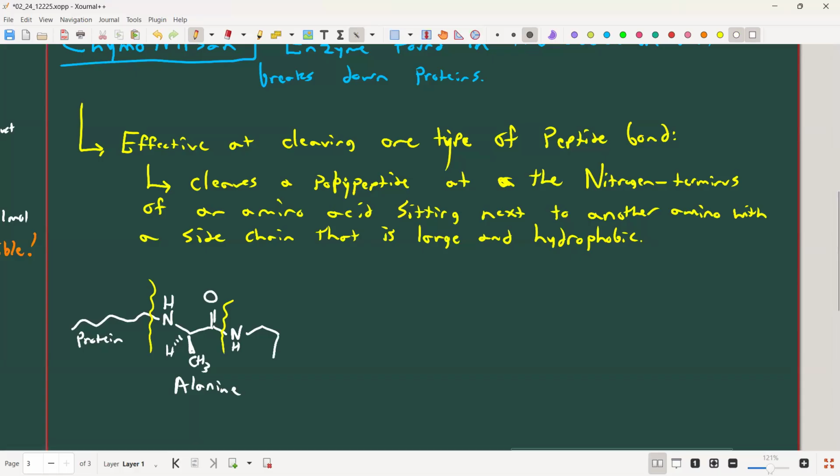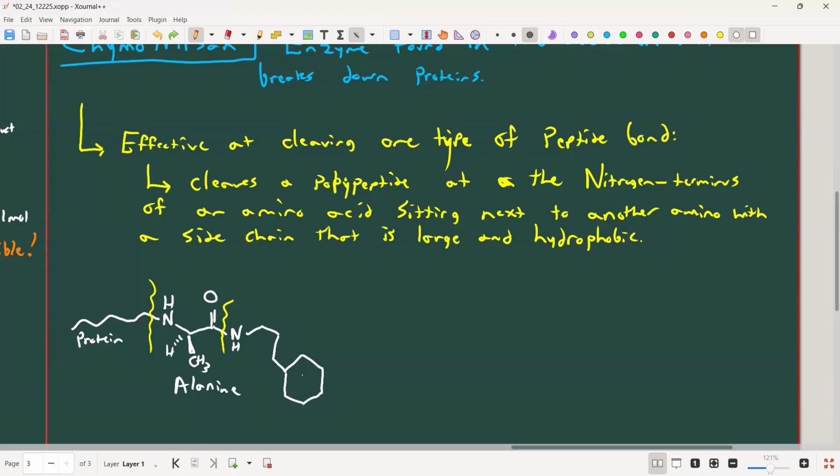A tyrosine has a CH2 group and then a benzene. This isn't tyrosine, excuse me. This is phenylalanine. And then it continues on. Phenylalanine.